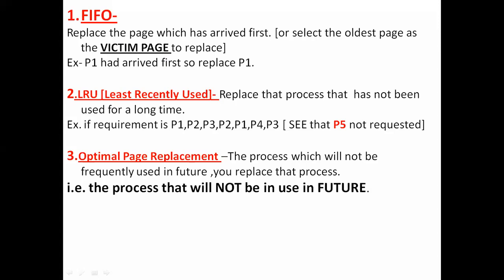Don't worry too much about it; the meaning of each sentence will be well understood while we discuss the actual problem. For now, FIFO indicates that I need to replace the page which has arrived first, as the name itself indicates.